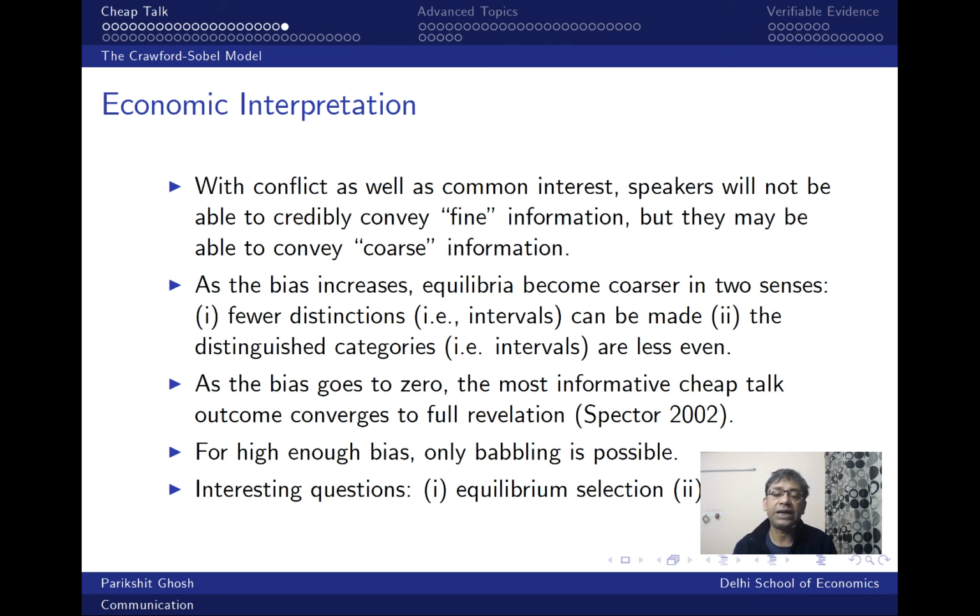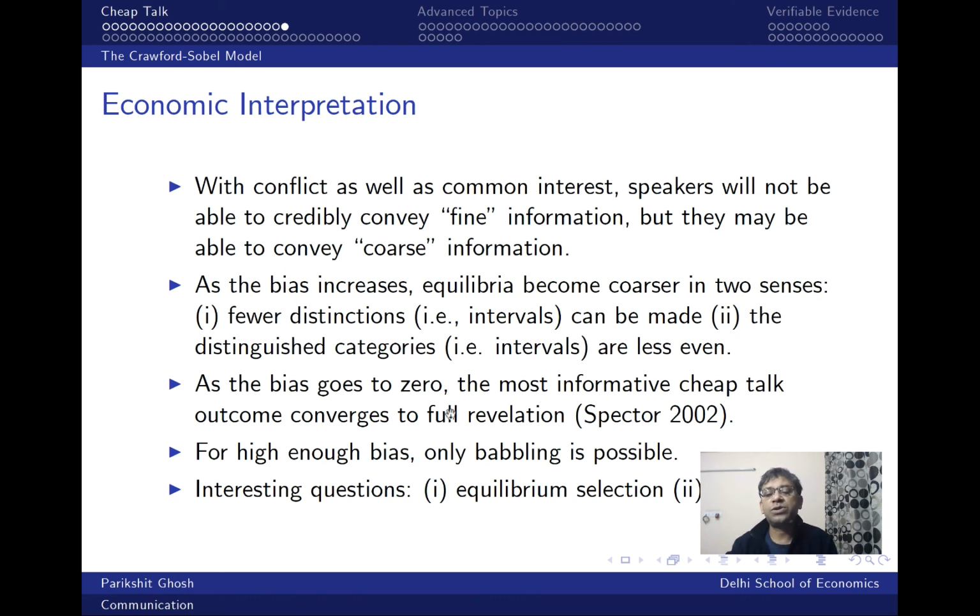So when you increase the bias, you're making them more uneven. And as we saw in the beginning when we were studying the two-interval equilibrium, that has some welfare cost. In some well-defined sense, even for a given number of intervals, the equilibrium becomes less informative. The information which the decision maker learns is less useful.